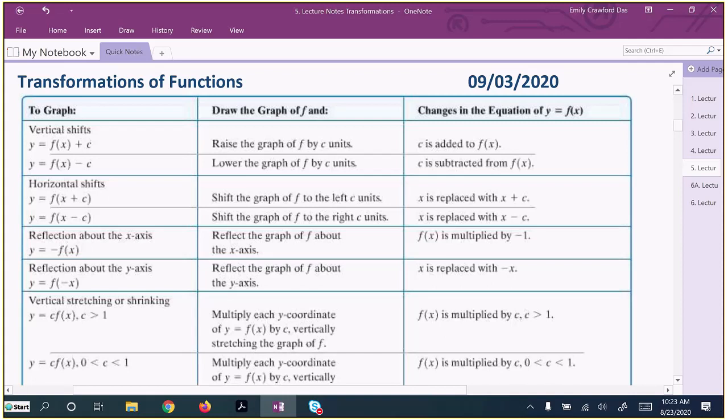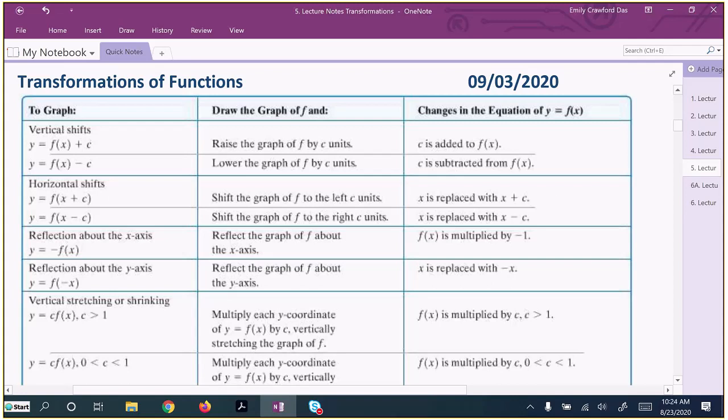If we subtract c, we shift the graph to the right by c units. And that's because in our equation, we're replacing x by x plus c, or x by x minus c, respectively. And this has perhaps a counterintuitive effect.